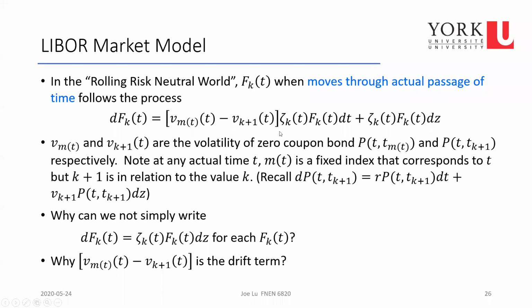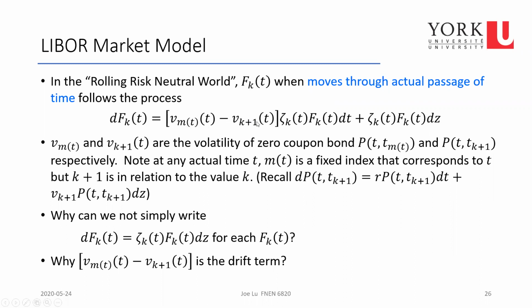You see that if the volatility term for the zero coupon bond is not a function of this little t, let's say it's just a parameter, then for a period of time this part will be a constant.